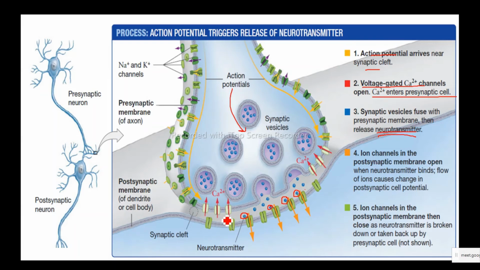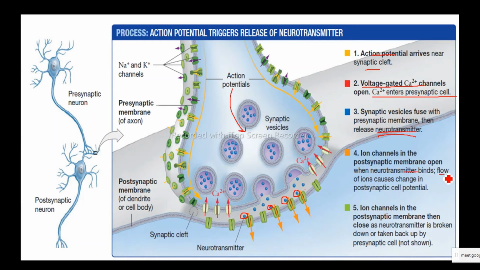This synaptic cleft is full of sodium ions. So when you open, like how you've opened here, there will be an influx of sodium ions into this postsynaptic membrane or postsynaptic knob. As a result, ion channels in the postsynaptic membrane open when the neurotransmitter binds.